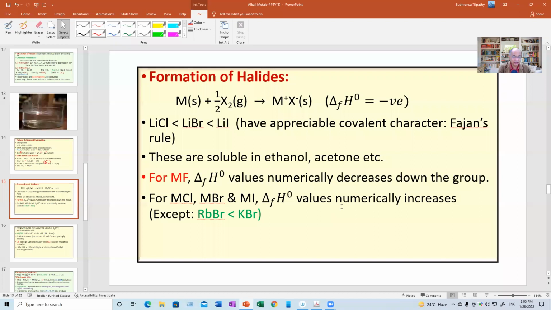Lithium fluoride has the highest value because its lattice enthalpy is the maximum. So it goes on decreasing, but for other halides, for chloride, bromide, iodides, for metal chloride, lithium, sodium, potassium, rubidium, all chlorides, you will find the numerical value will increase because they're large size.